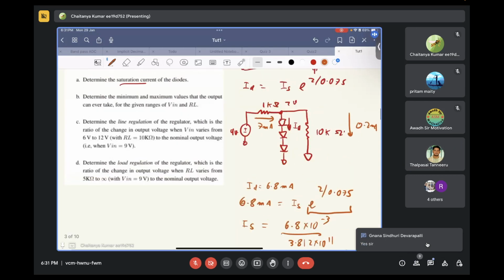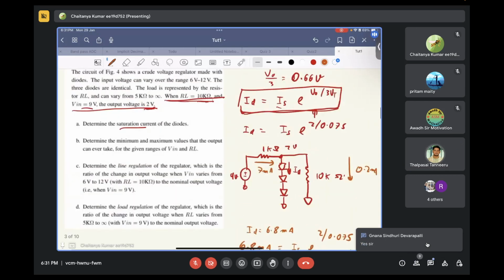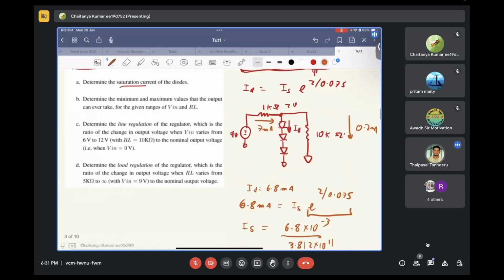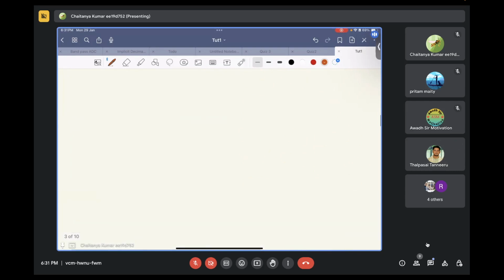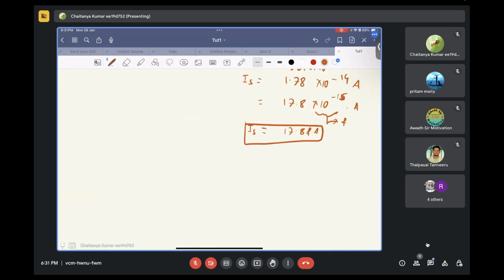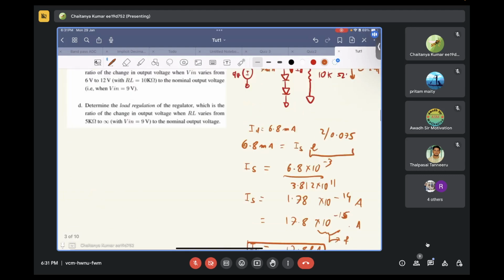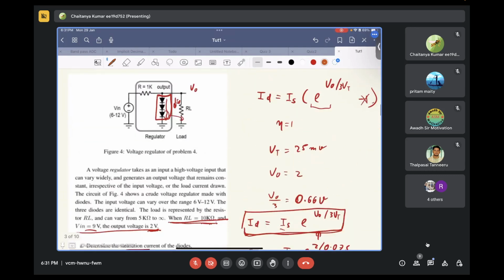Now let's move to another question. Determine the minimum and maximum values that the output can ever take for the given ranges of V in and RL. So I will redraw the circuit so that we need not go back time and again. Your V in can vary from 6 to 12 volts.